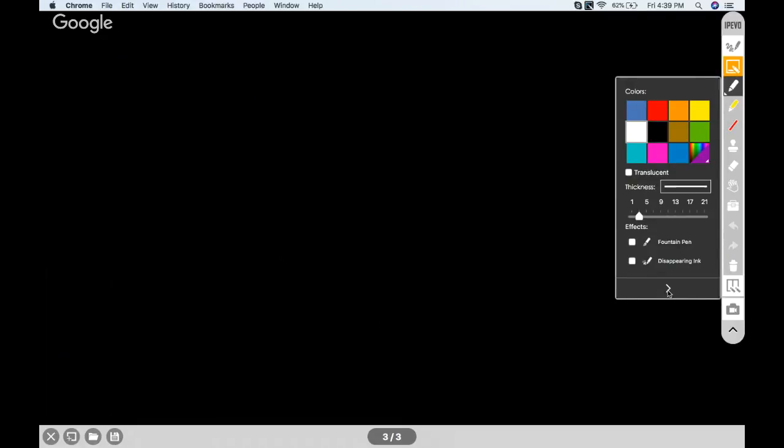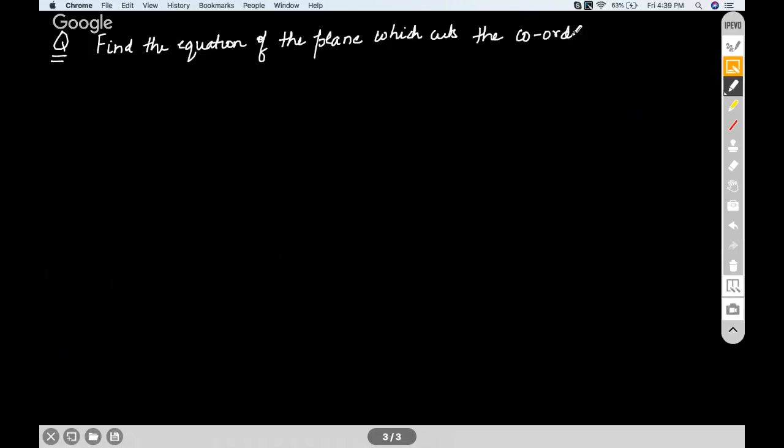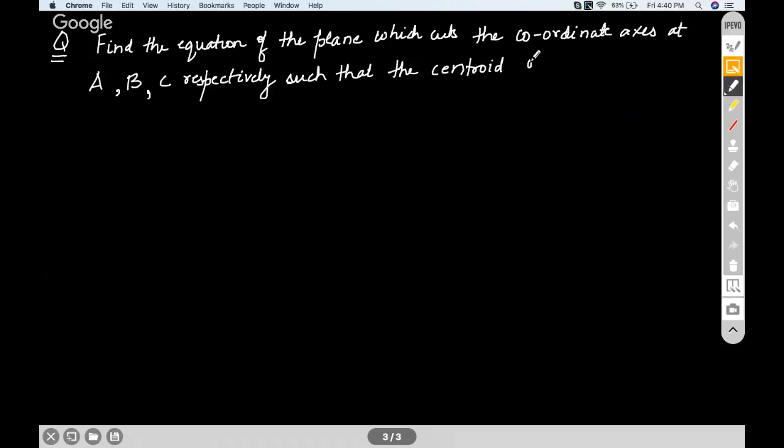So just a quick question. Find the equation of the plane which cuts the coordinate axes at points A, B, and C respectively, such that the centroid of the triangle ABC is P, Q, R. Very simple and straightforward question.